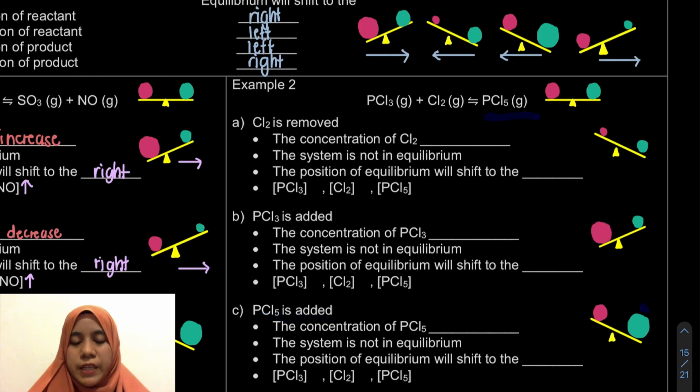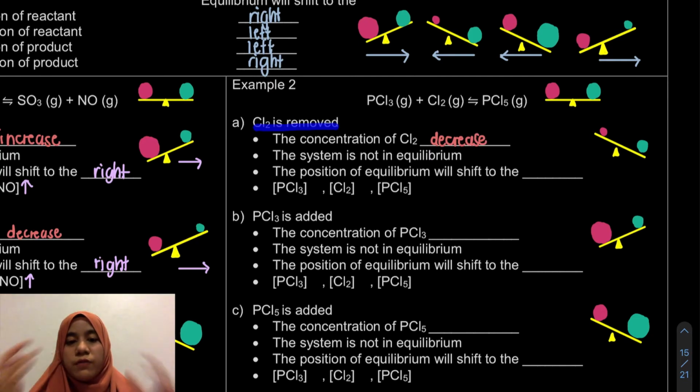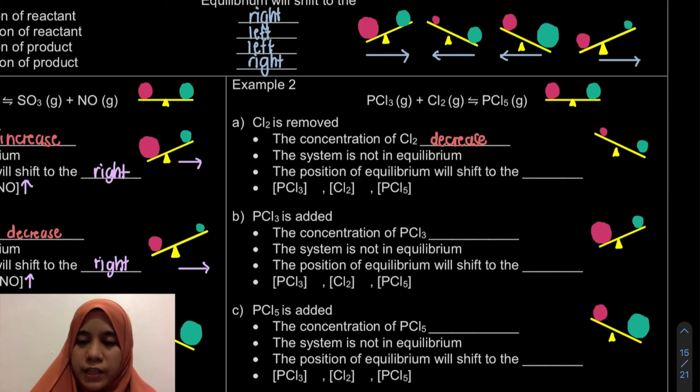So, first kita tengok Cl2 is removed. So, the concentration dia akan berkurang lah, decrease. So, bila system tu is not in equilibrium, kalau boleh, since it is removed, the system itself nak produce banyak lagi Cl2. Dia nak capai balik kita ni equilibrium ni kan. Kalau boleh dia nak balik yang ni jadi sama size dengan yang ni. So, macam mana dia nak sama size tu? Okay, yang itulah.